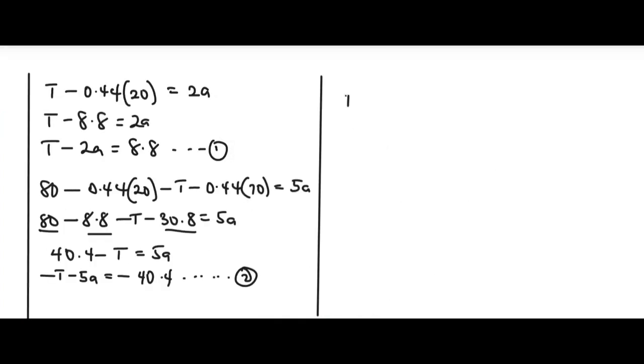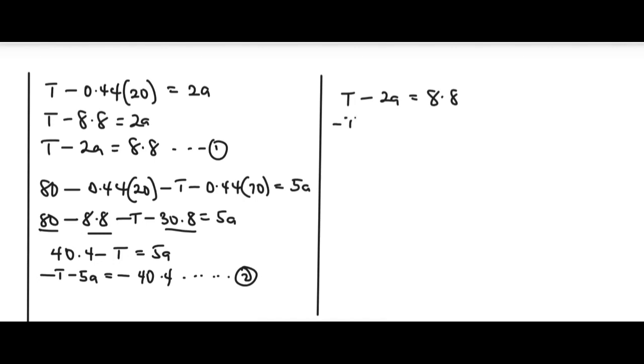So this makes my equation 1 to be T minus 2A equals 8.8, and equation 2 to be minus T minus 5A equals minus 40.4. Take the subtraction. In other words, add both sides. What am I going to have? I'm going to have this cancel out.